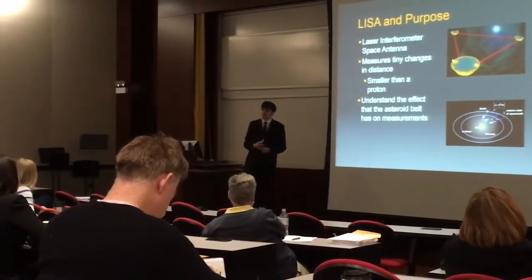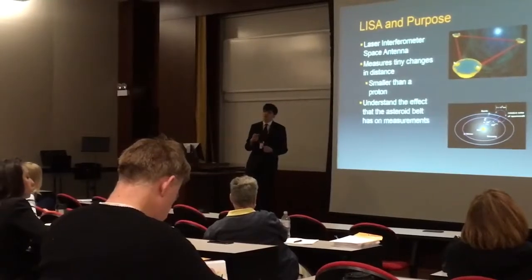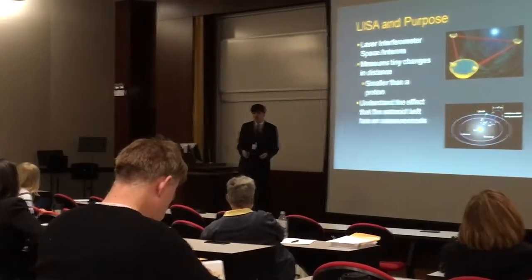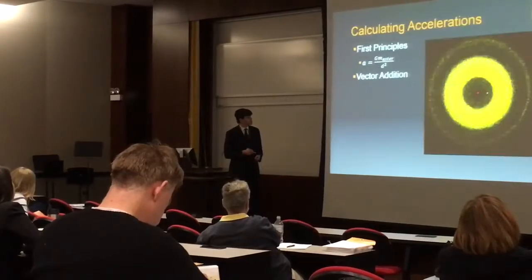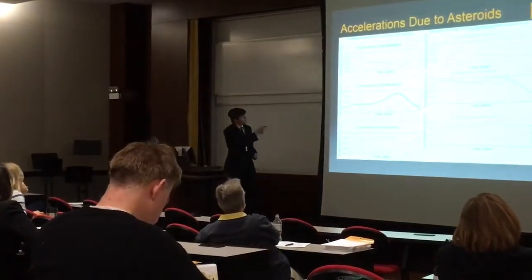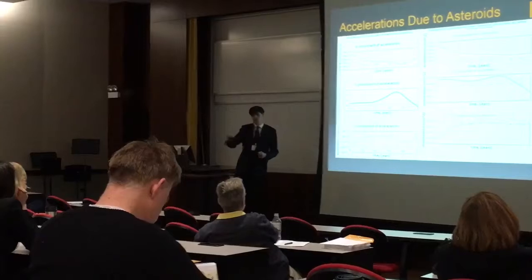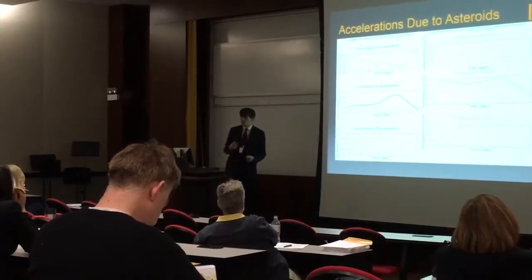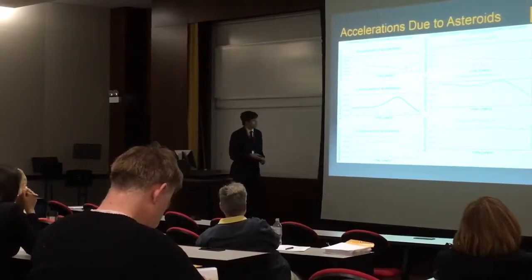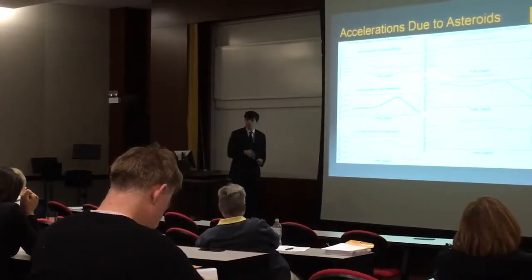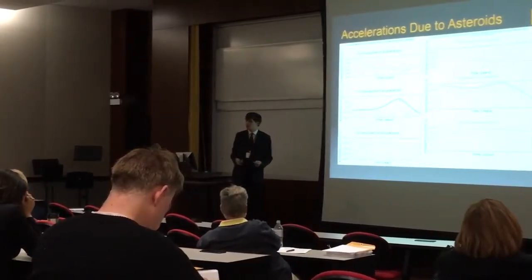It's not really about whether or not it provides any acceleration at all. What really matters is whether or not there are very fast changes. From these graphs I showed before, the changes take place over very, very long times. So the LISA team could better account for those. What matters is whether or not there are very noisy, very interrupted changes in acceleration, which would be very disruptive to data collection.